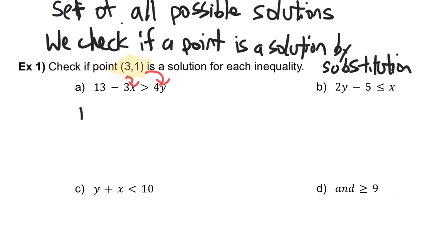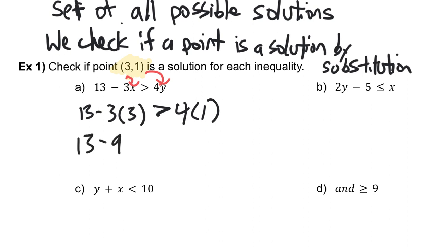So we've got 13 minus 3 times 3 greater than 4 times 1. Let's just do the math, right? We've got 13 minus 9 greater than 4, so 4 greater than 4. And we ask ourselves, is 4 greater than 4? 4 is not greater than 4.